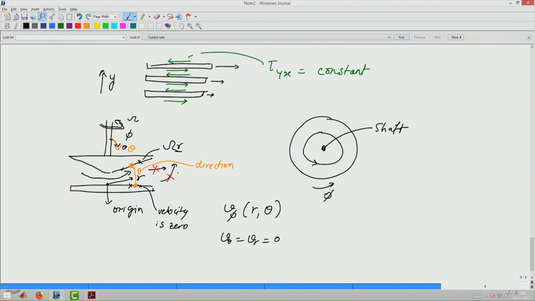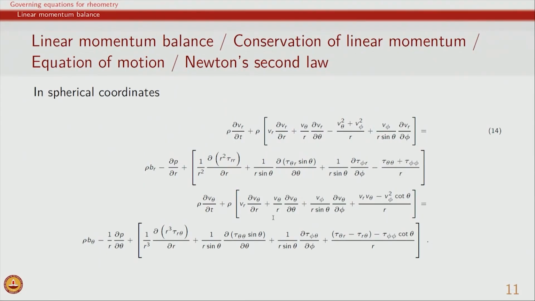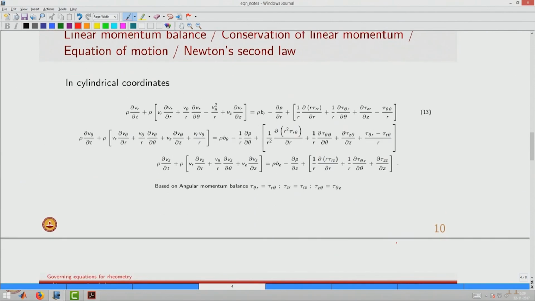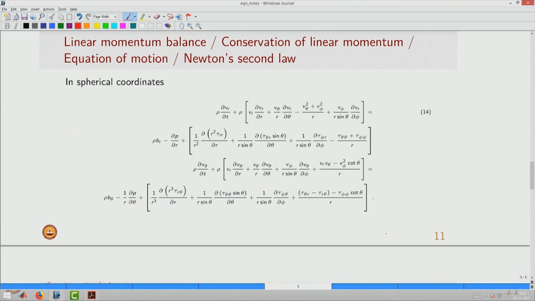So, in this scenario, we are looking at again simple shear flow, with only one component of velocity non-zero. So, this is again one dimensional flow. And for this flow also we can look at what happens to the overall linear momentum balance, and we can see that we will be able to very effectively set many of the terms to 0.